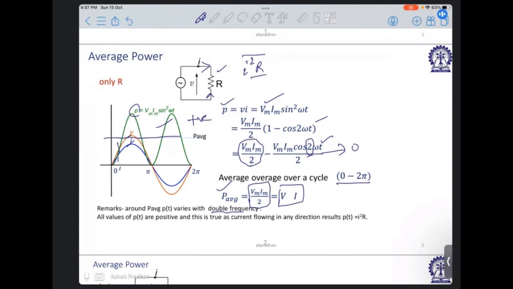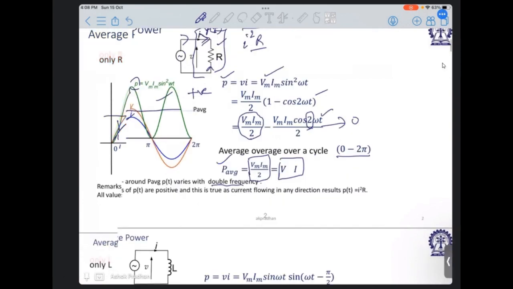Another conclusion: this is our load resistance, so power p(t) flows into this resistance, and it is coming from the source. Whatever is taken by the resistance is supplied by the source. That's about p(t).